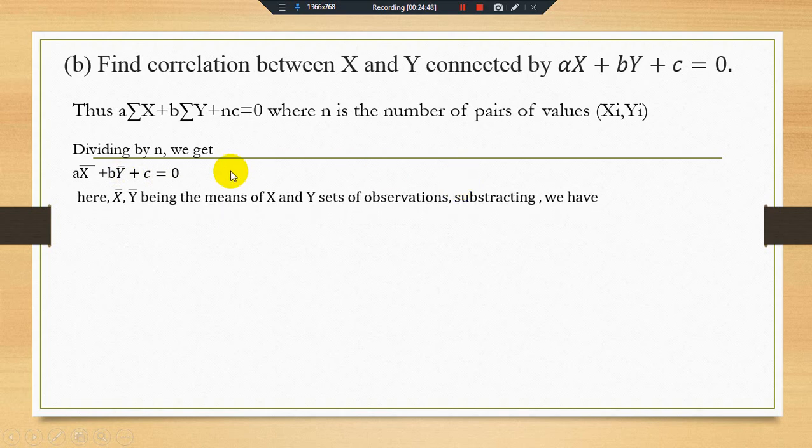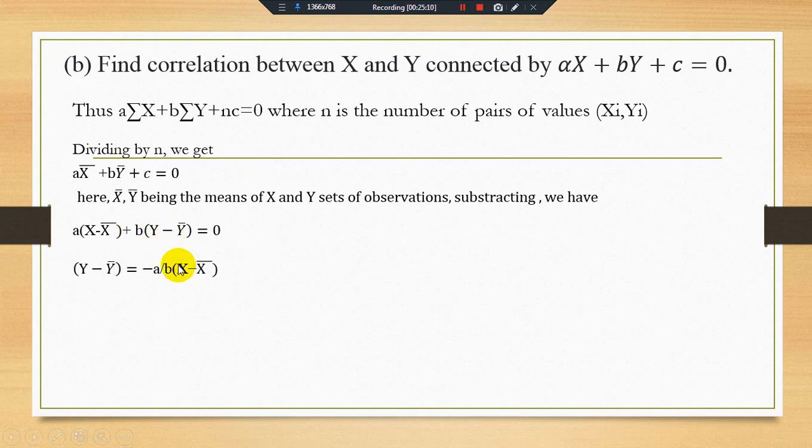Here X bar and Y bar are the means of the X and Y sets of observations. Subtracting, we get A into (X minus X bar) plus B into (Y minus Y bar) is equal to 0.